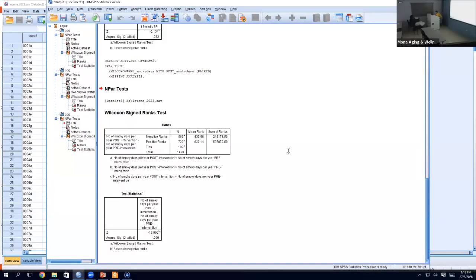So if the smoky days post-intervention are less than pre-intervention, which is what we would want, then we're expecting to have more negative ranks. But right now we have 569 compared to 729, which means that we had more smoky days after the intervention than before.